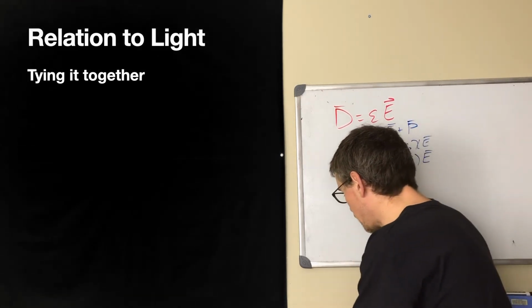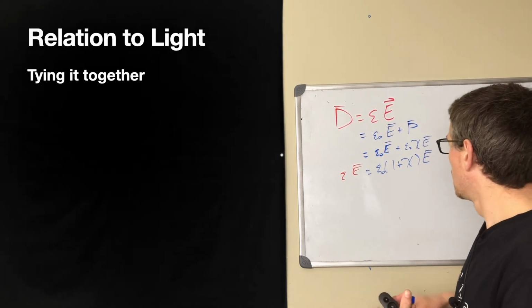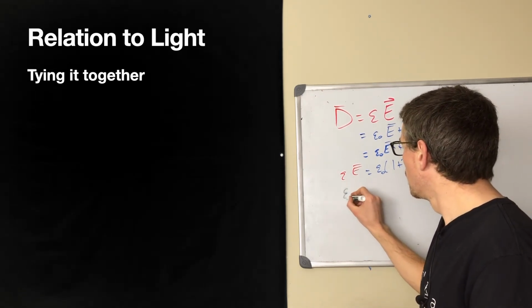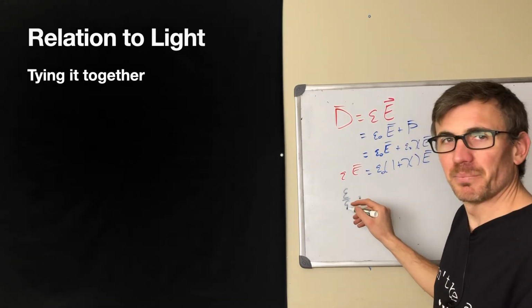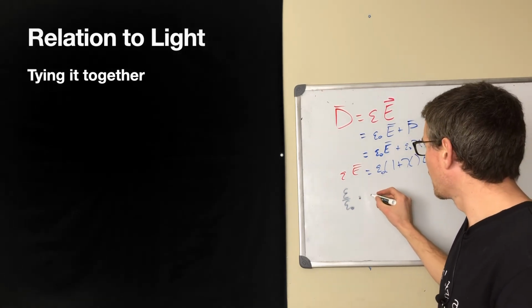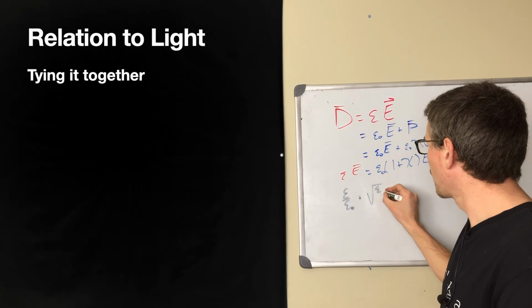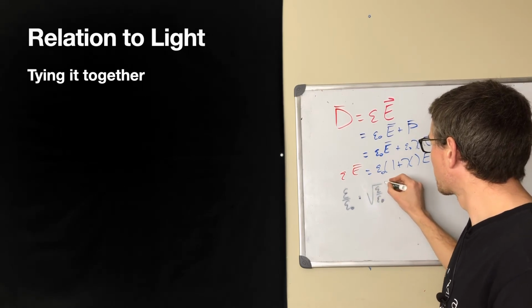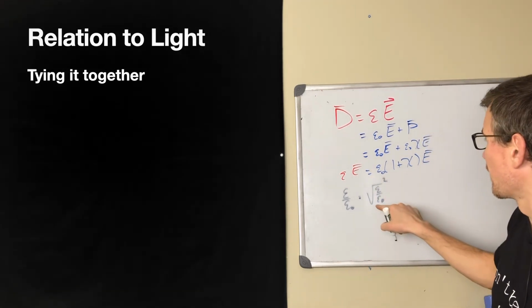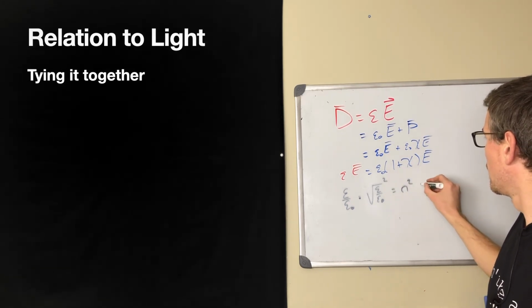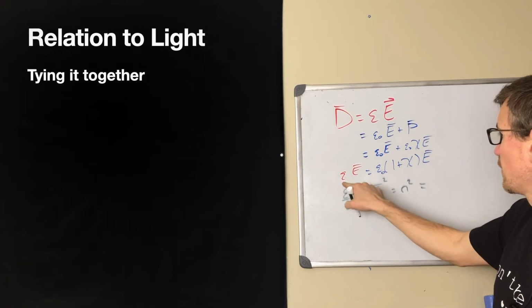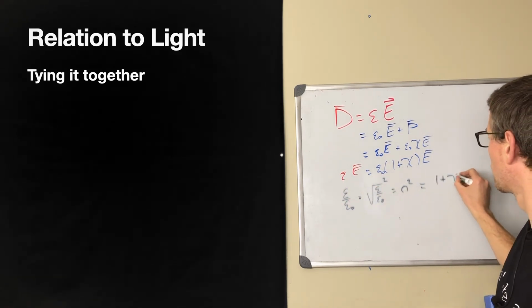That will give us the nice result that epsilon over epsilon naught, right, which is a much smarter way of writing it than the way I'm about to write it, the square root of epsilon over epsilon naught, squared, right? Why do I write it this way? Because this is n squared, is equal to, so this left-hand side is equal to 1 plus chi.